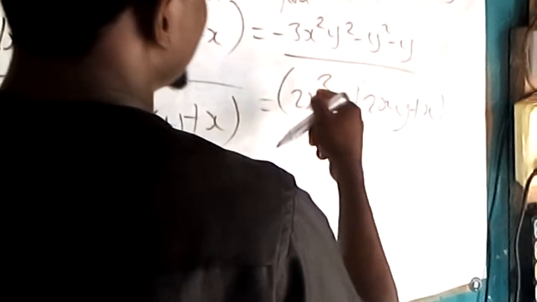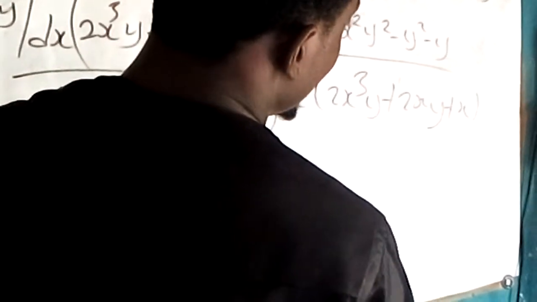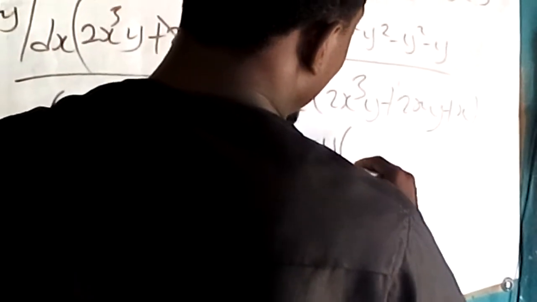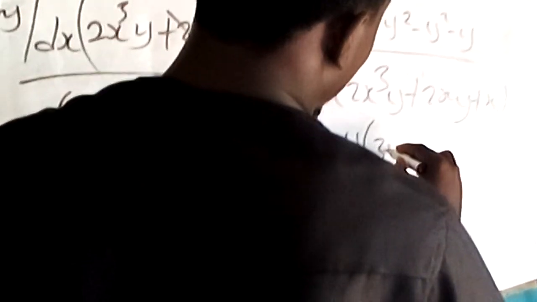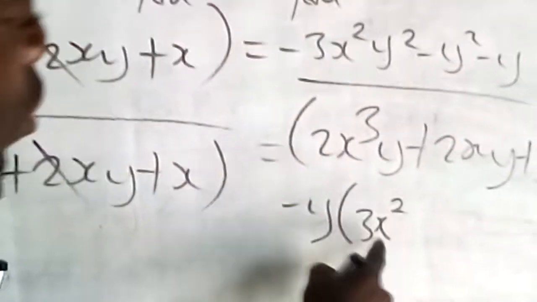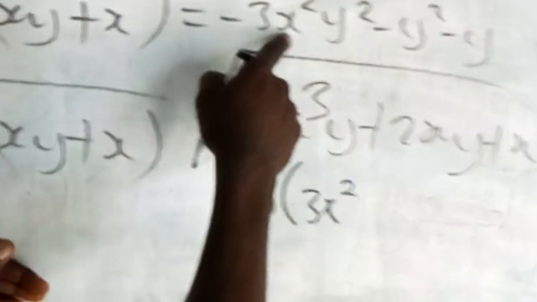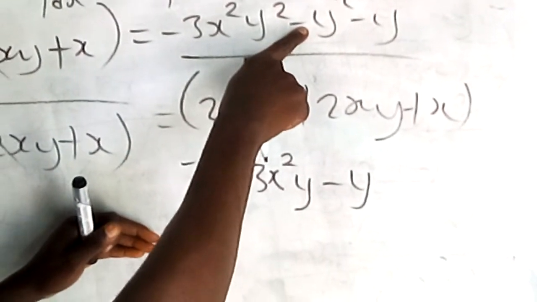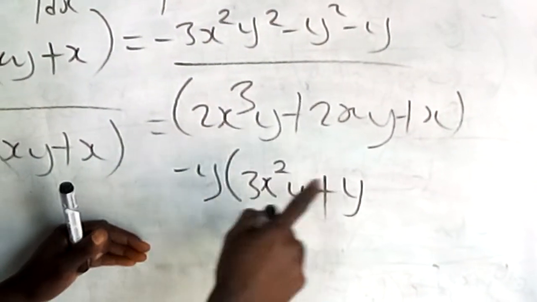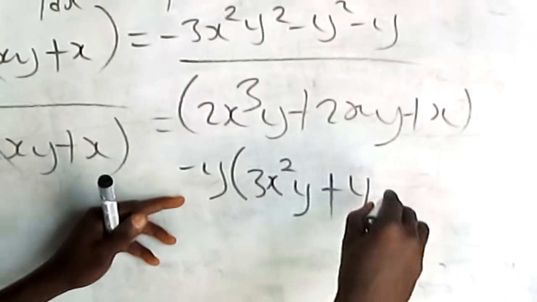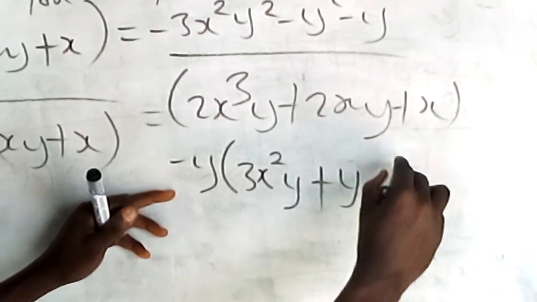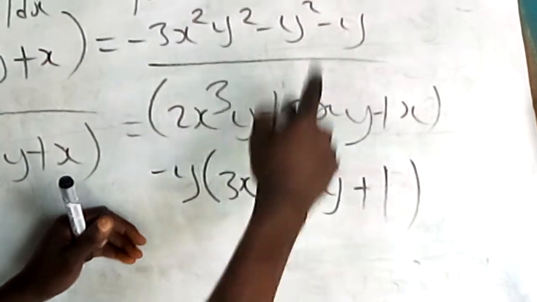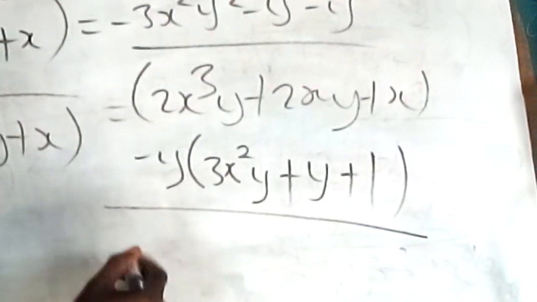If you factorize this, you have minus y into 3, because minus y will give you this. y, minus y times this y. But remember this minus, so this will be plus. Minus times plus is minus, and then minus plus 1. Because minus times plus is minus, so minus 1 all over.